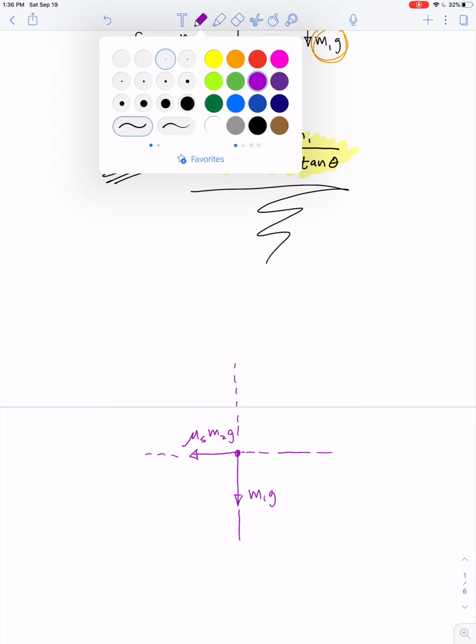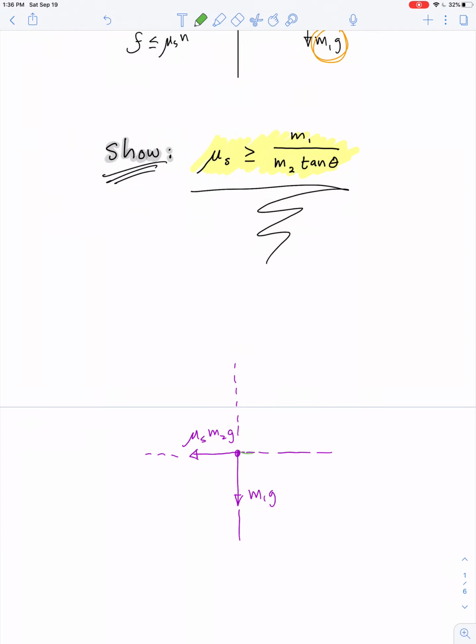So there's a component that pulls to the right, and there's a component that pulls up, and hopefully this all represents equilibrium. Of course, the component that pulls to the right would just be T times the cosine of theta, and the one pulling up is T times sine theta.